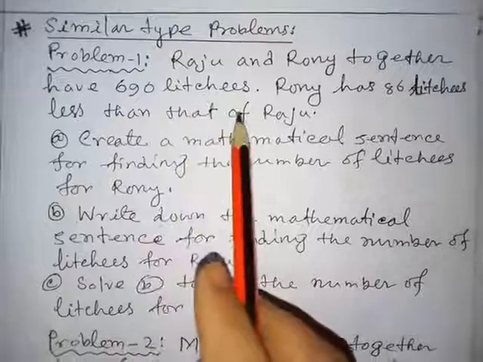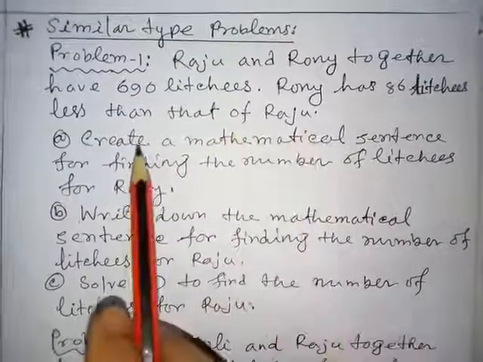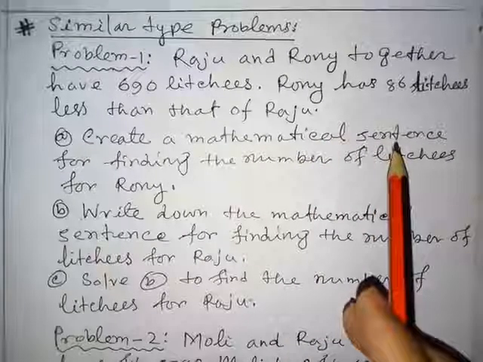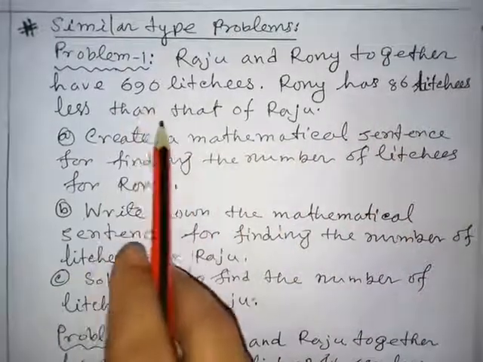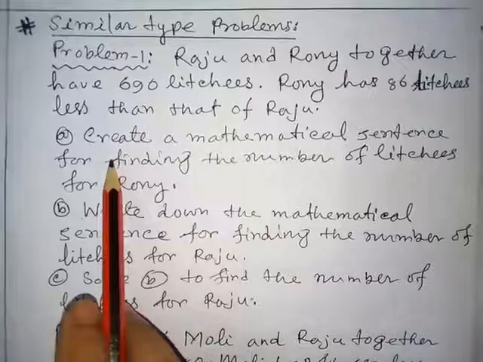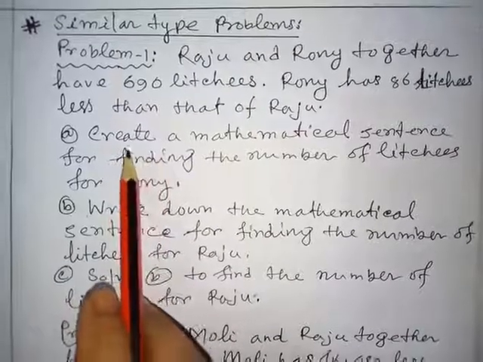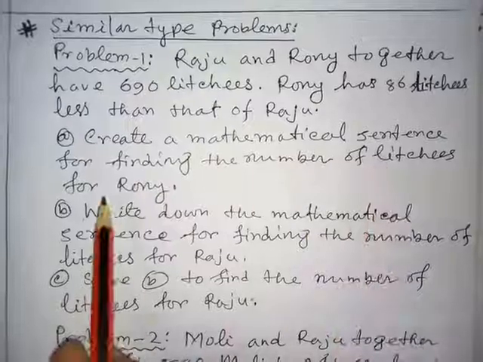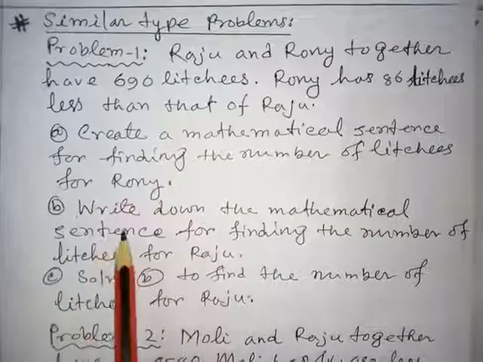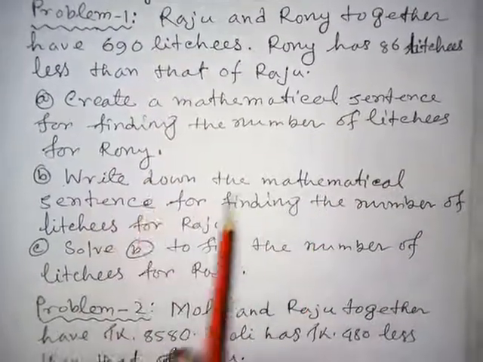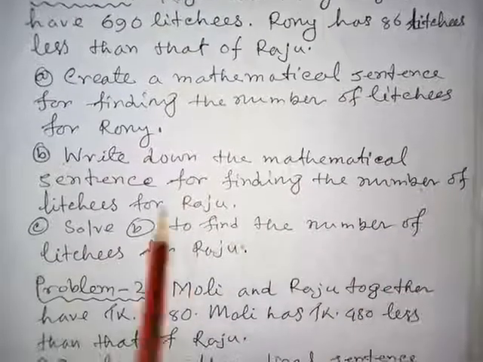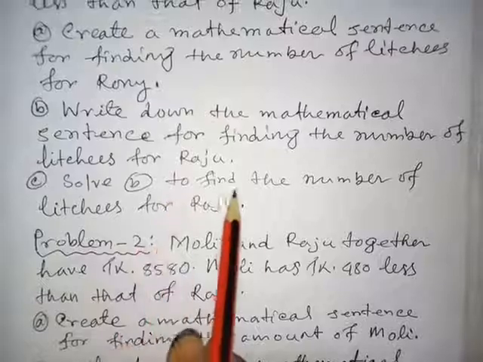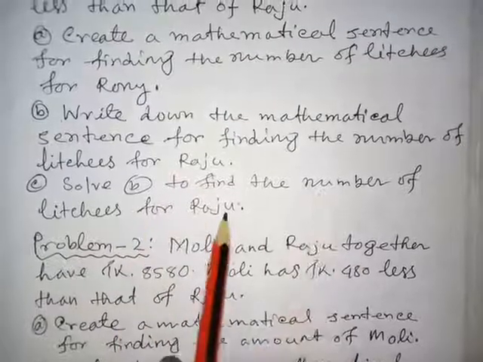Problem number 1: Raju and Ronnie together have 690 leases, and Ronnie has 86 leases less than Raju. Question A: create a mathematical sentence for finding the number of leases for Ronnie. B: write down the mathematical sentence for finding the number of leases for Raju. C: solve B to find the number of leases for Raju.